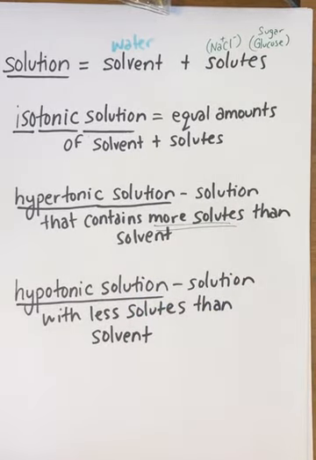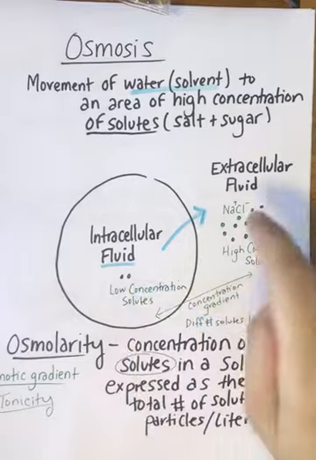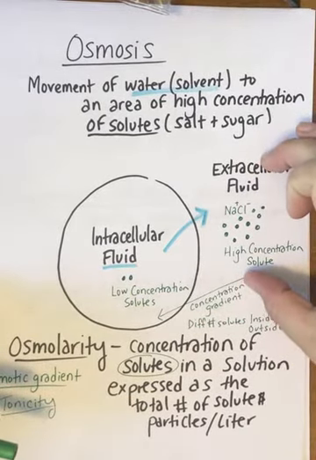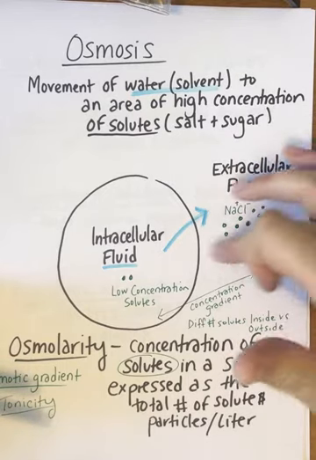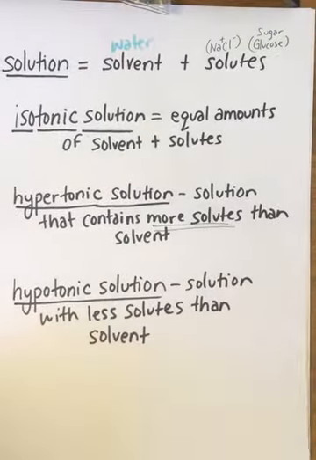So when we talk about cells and what happens, we need to understand these three different types of solutions in terms of osmolarity, because you can have osmotic gradients, a different concentration of solutes on the inside versus the outside. So if we were talking about the extracellular fluid, we can just look at the percentage of solutes on the inside versus the outside. And basically, you have to remember water follows the party. That's kind of like what I always say.